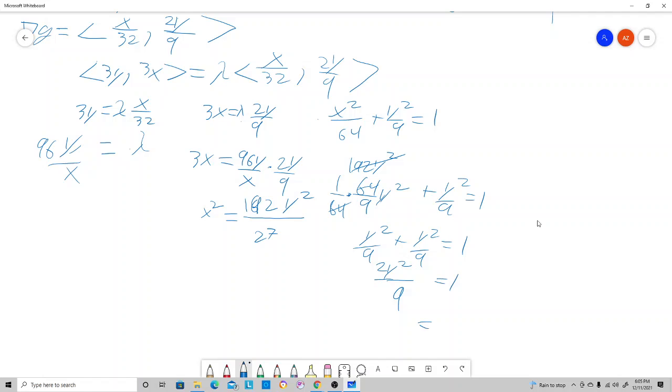Okay, so now we can do 9 over y squared, well, this would be 2, equals 1. So now we have 9 over 2 square root, which is plus or minus.